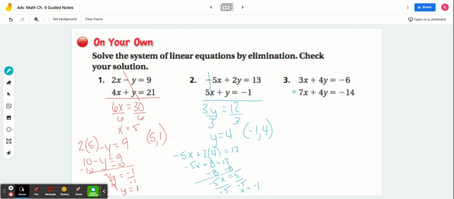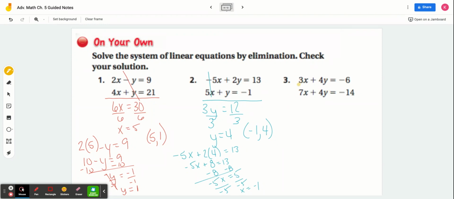Now, when you look at number 3, we see that we have 3x and 7x, and 4y and 4y. So none of them are opposite of each other, but we have two that are the same. In order to get one of these to cancel out, we need to make one of these a negative.